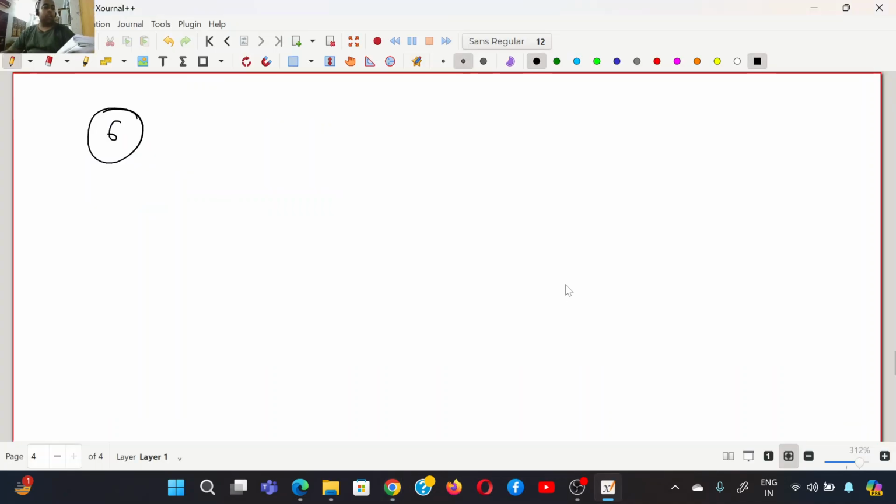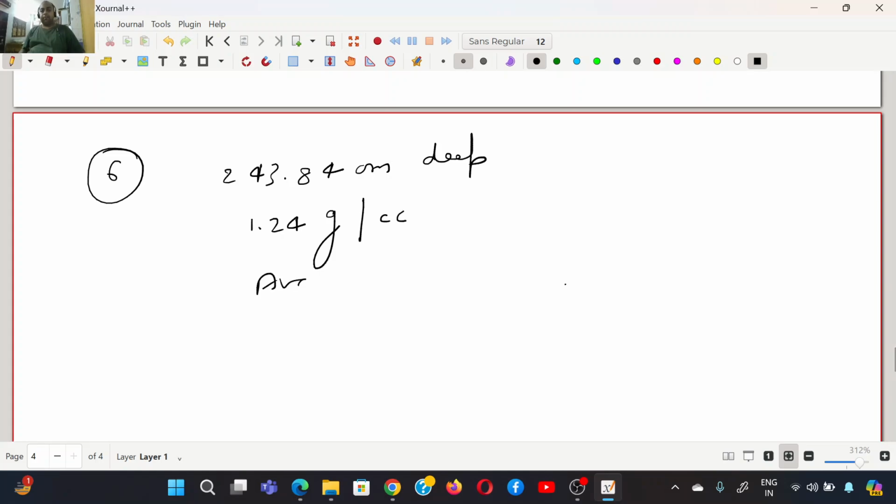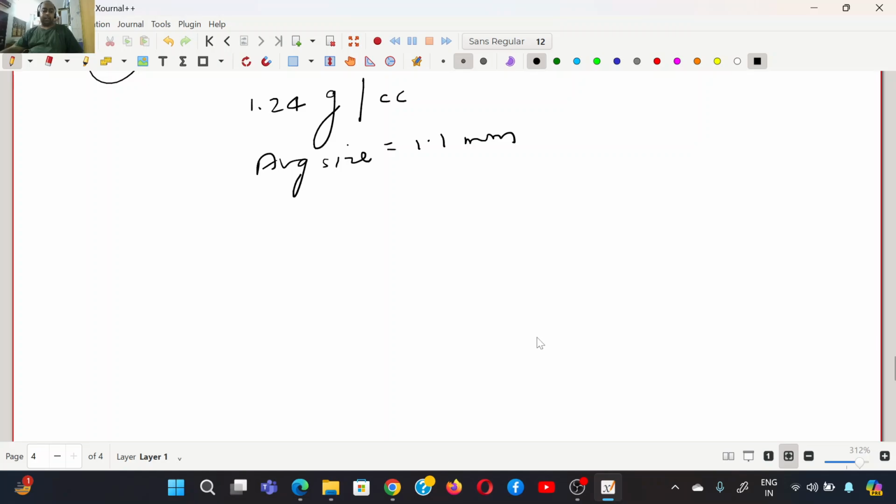So I'll write what all we know here. We know that the packing column is 243.84 centimeter deep. We know the packing material is 1.24 gram per cc. We know average size is equal to 1.1 millimeter. The density of water is given as 1000 kilogram per meter cube.